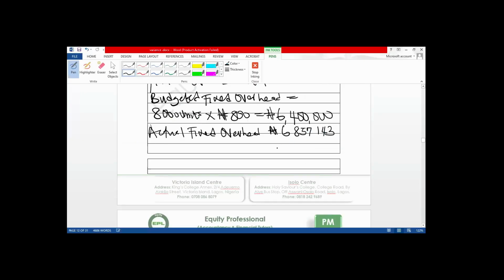$6,857,143. The difference between these two: $6,400,000 minus 6,857,143 gives negative 457,143, so 457,143 adverse.